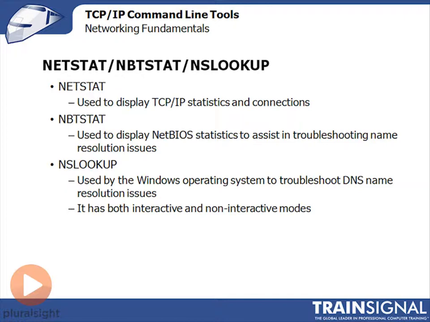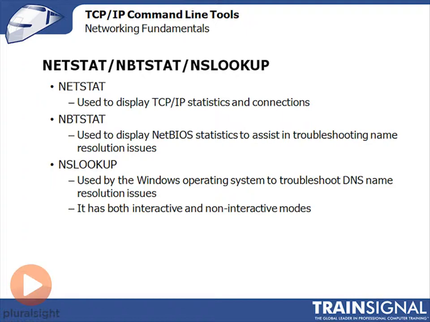We have Nbtstat, and this is something that I would say is probably to some extent becoming a tool of the past. The reason is that it's used to display something called NetBIOS statistics to troubleshoot name resolution issues, but to be more specific, NetBIOS name resolution issues.